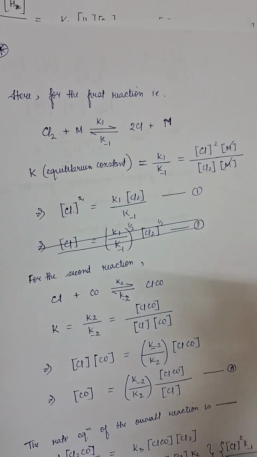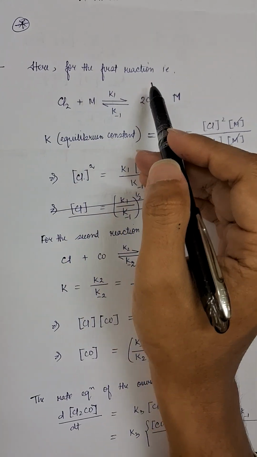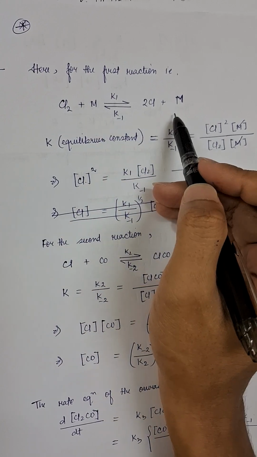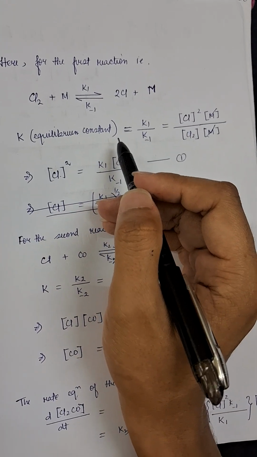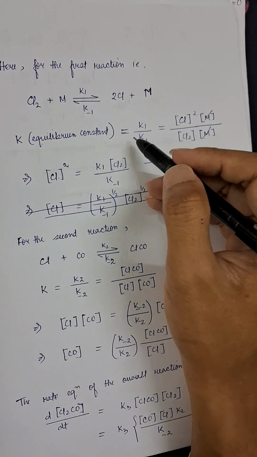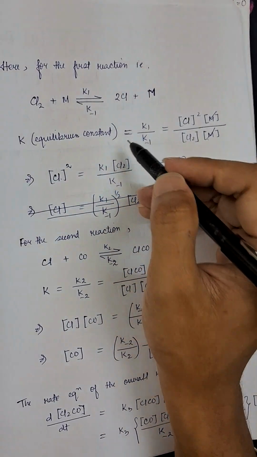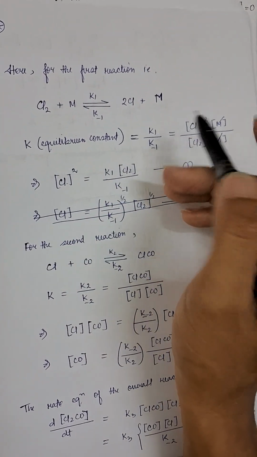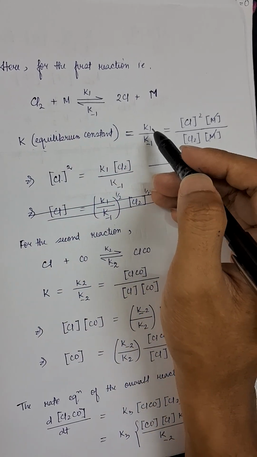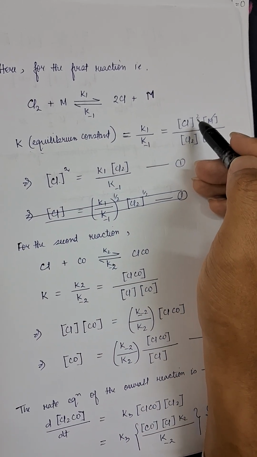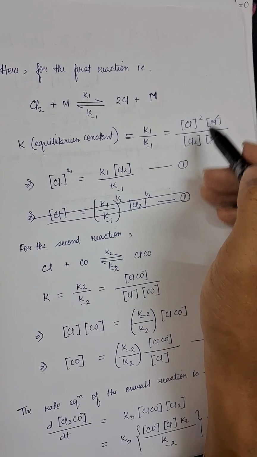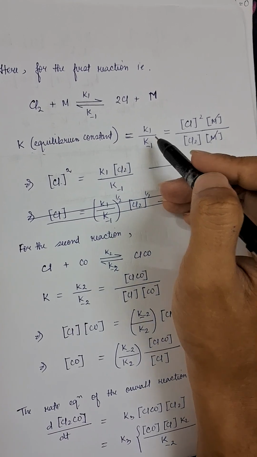So I said for the first reaction we use this here, and then we apply the equilibrium constant, because I said there is no steady state approximation, so we cannot apply steady state approximation, so we have to use the equilibrium constant formula. So I used the equilibrium constant formula, k1 by k minus 1, and here instead of writing A by B or B by A, it's just the same, okay.